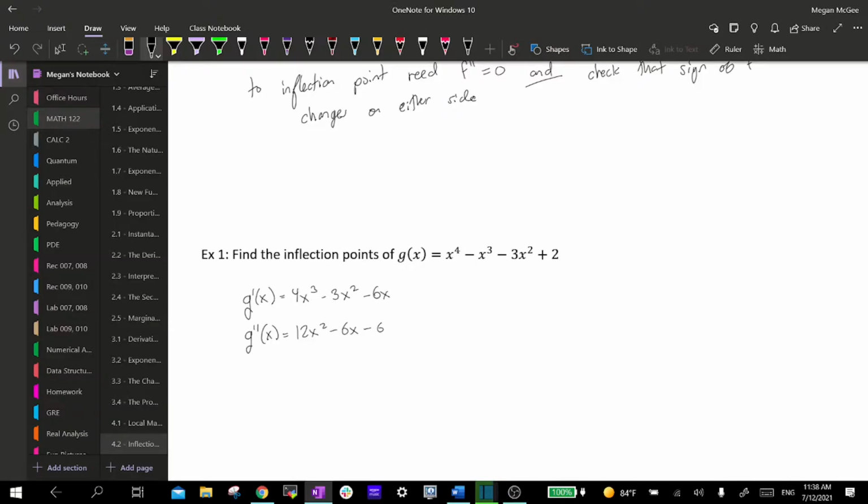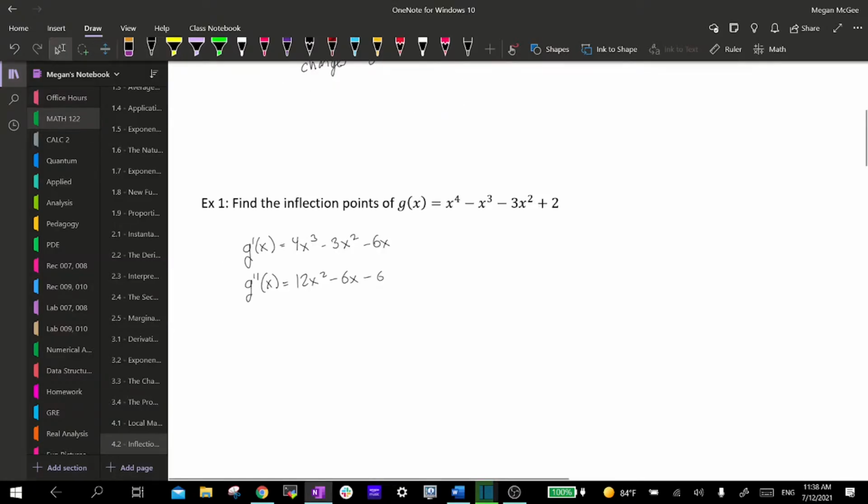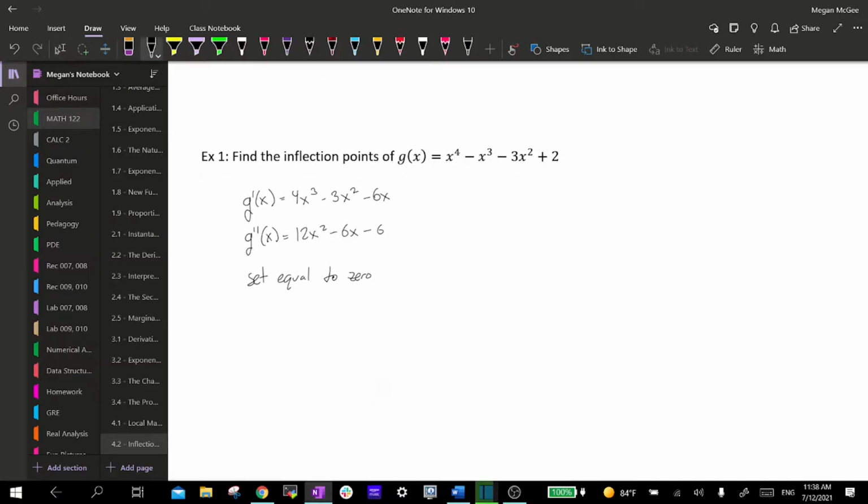Alright, we need our second derivative to be 0. So we're going to set equal to 0 and solve for x. So we have 0 is equal to 12x squared minus 6x minus 6. We can go ahead and pull a 6 out of here.